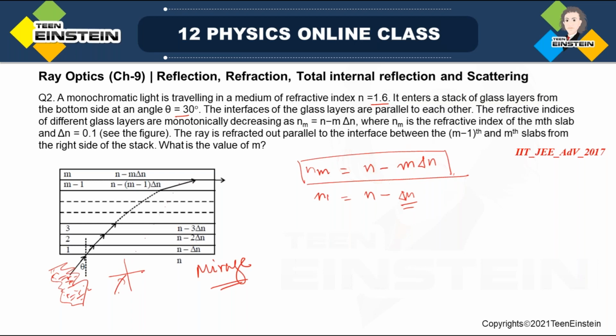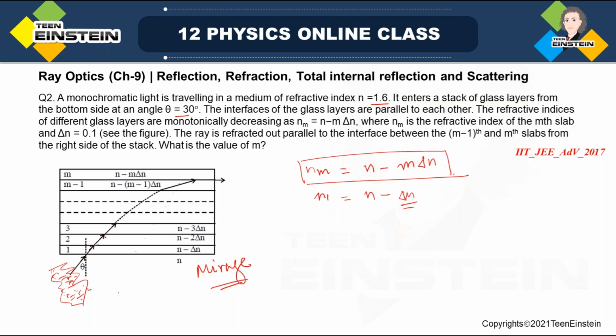So what happens as it enters, after refraction it is going, sorry, not towards the normal. It is going from denser medium to rarer medium, so going away from the normal.